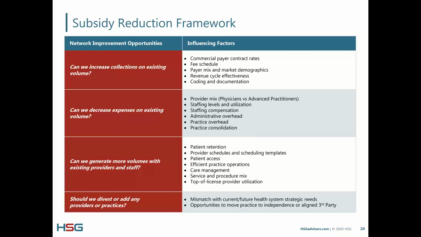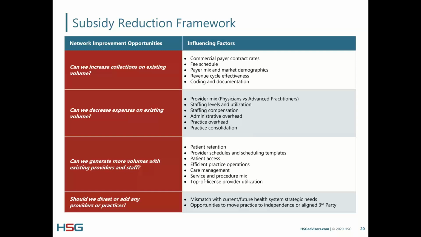We call this our subsidy reduction framework, where basically we help clients answer 4 questions about their network that we consider critical. 1, can we increase collections on existing volume, meaning we do no more work, we add no more expense? How do we just increase the reimbursement for the work that we're already doing? And that can get into things as broad as what are our commercial payer rates like, and are we still negotiating to strengthen hospital rates and lower ambulatory rates?